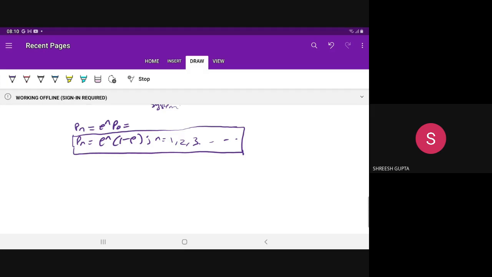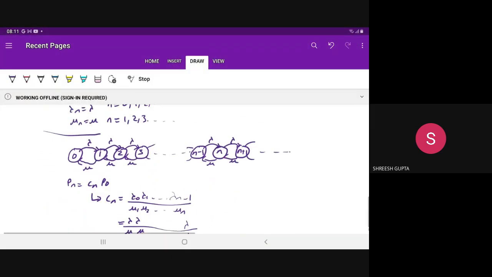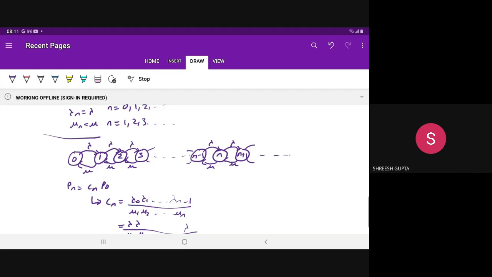If I ask you, write the Chapman Kolmogorov differential difference equation, how can we write? We know that whatever is outgoing has the negative sign, and whatever is incoming has the positive sign.